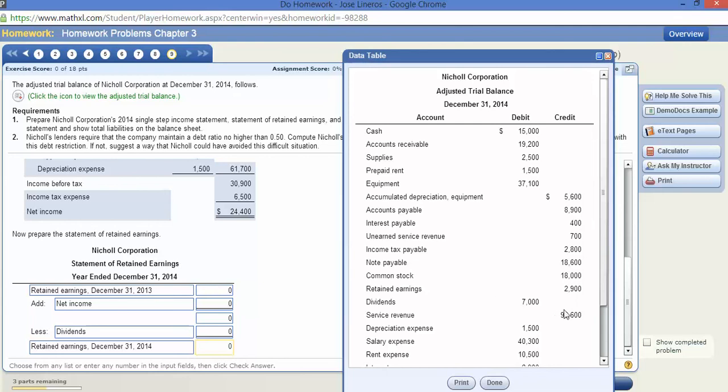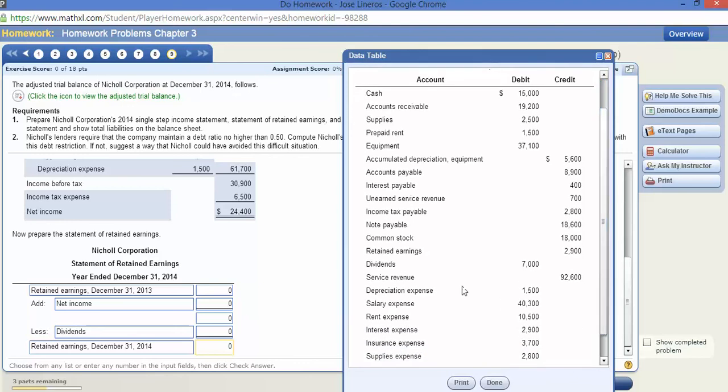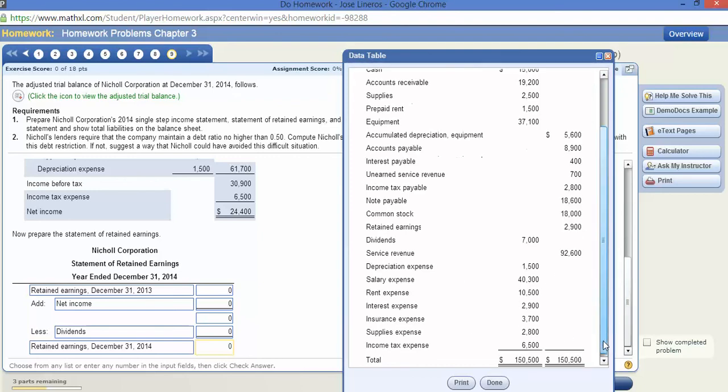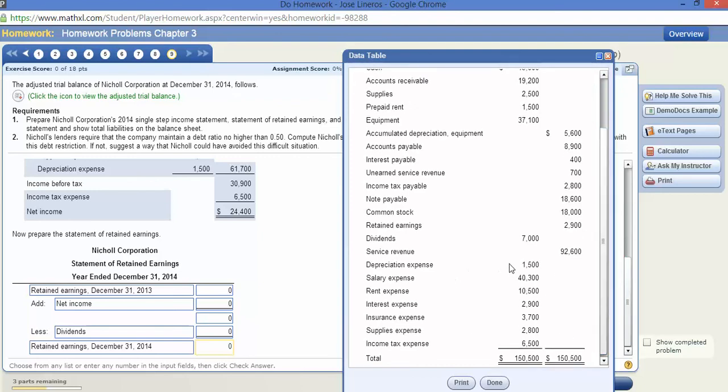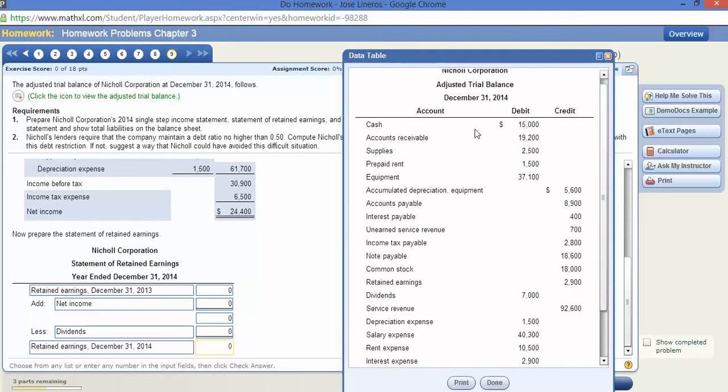Okay, it's 2013, and the reason is you still see on the books expense accounts that have amounts, and you still see service revenue. If you saw service revenue zeroed out, if someone had debited service revenue 92,600 and this was a zero amount, and you saw nothing in the expense accounts, in other words, somebody had gone in and credited all these expense accounts to close them out and get them ready for the next year's use, then this would represent December 31st.